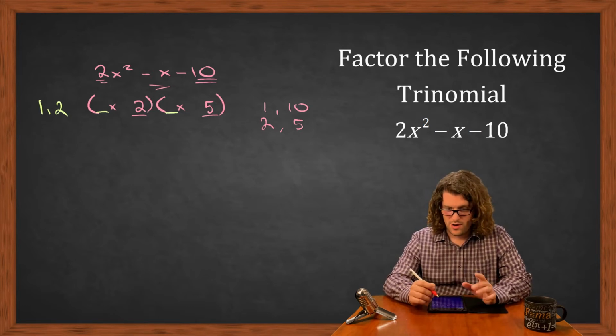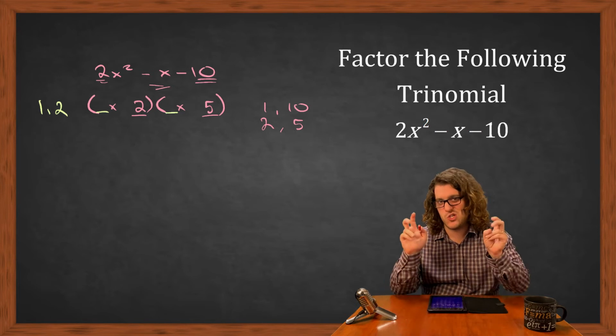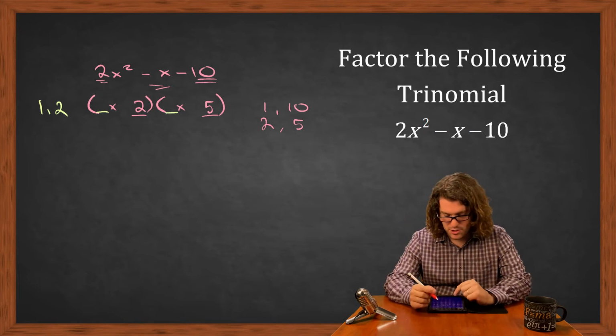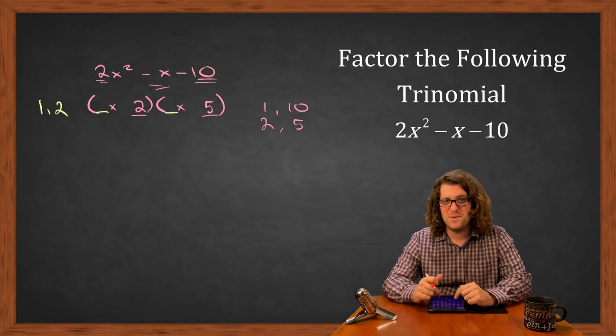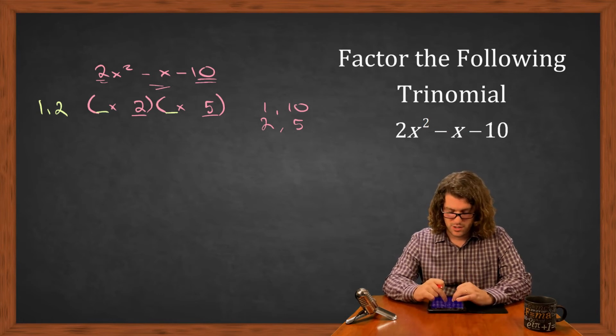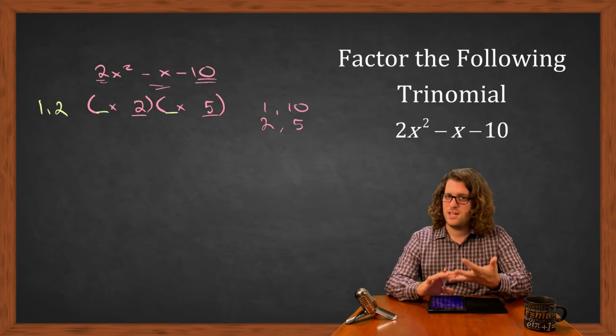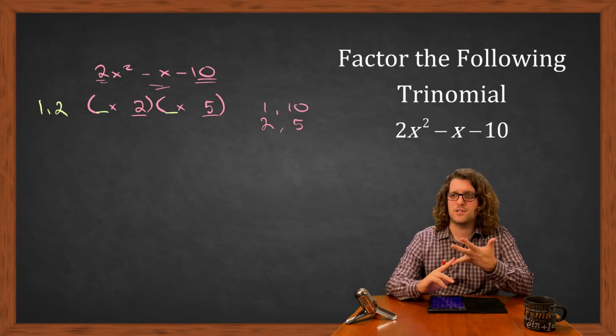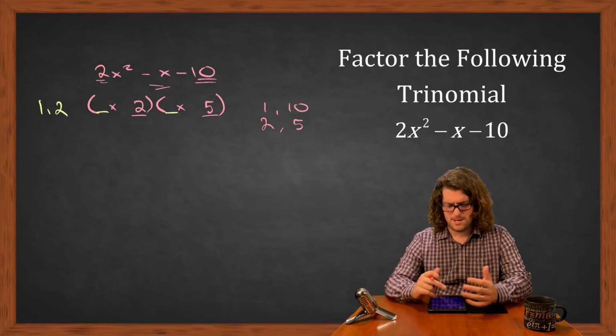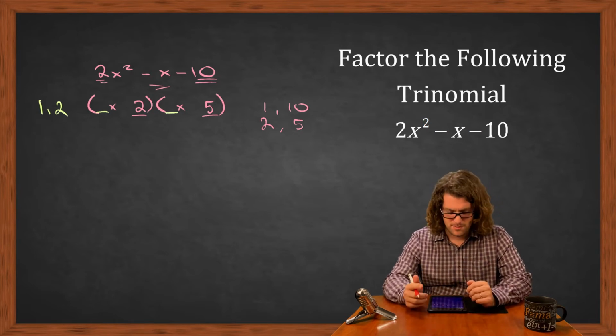Now, here's where I can make another smart decision. If I put the 2 in the first one, that's going to go with a 5 and be 10, and if I put the 1 in the second one, it's going to go with the 2 and be 2. So then I'm going to have 10 and 2 mixing. 10 and 2 mixing is actually pretty far apart. So if they're of opposite sign, you're either going to get a plus 8 or a negative 8. I want a negative 1. That's not going to be any good.